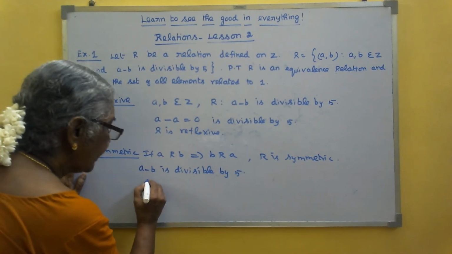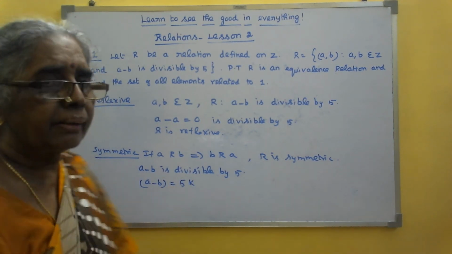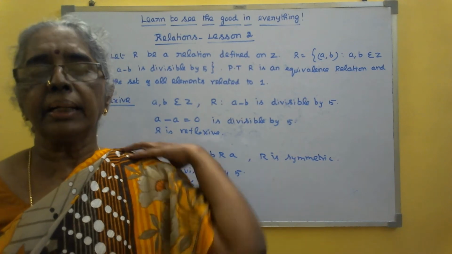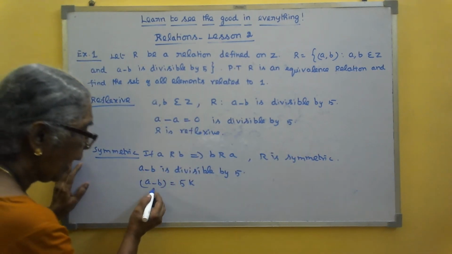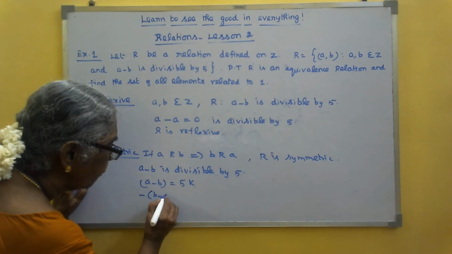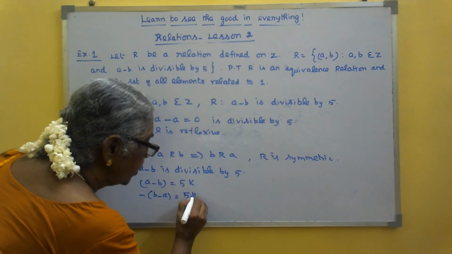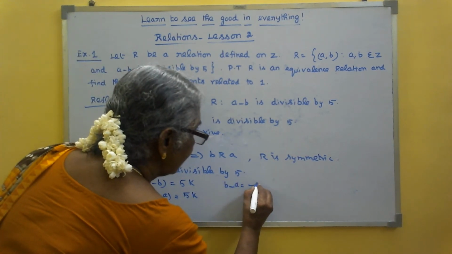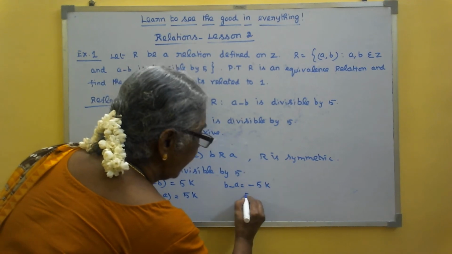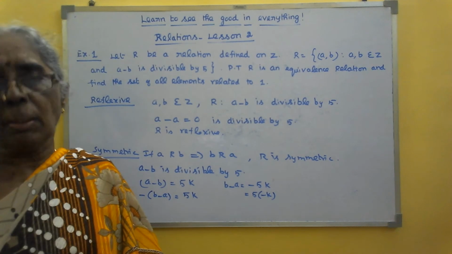So now I can write a minus b is equal to some 5k, that is some multiple of 5. That k can be any number, positive or negative. Now I will take a negation from here. So I can write minus of (b minus a) is equal to 5k, or I can write b minus a is equal to minus 5k, or it is 5 into minus k, which is also some integer, isn't it?